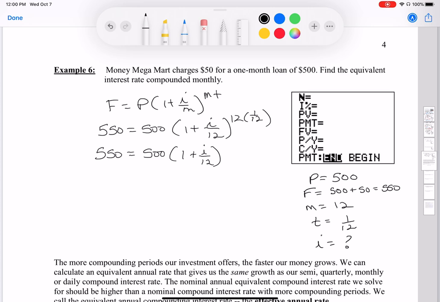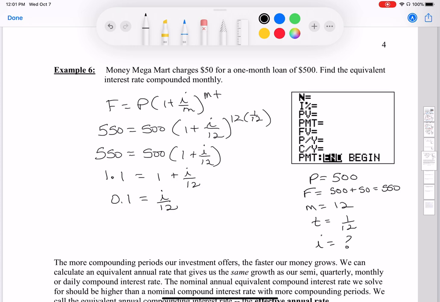And I'm not going to bother to write the 1, but we know that there's an invisible 1. Let's divide both sides by 500. So this is 1.1 equals 1 plus I over 12. Then algebraically, we're going to subtract 1 from both sides of the equation.